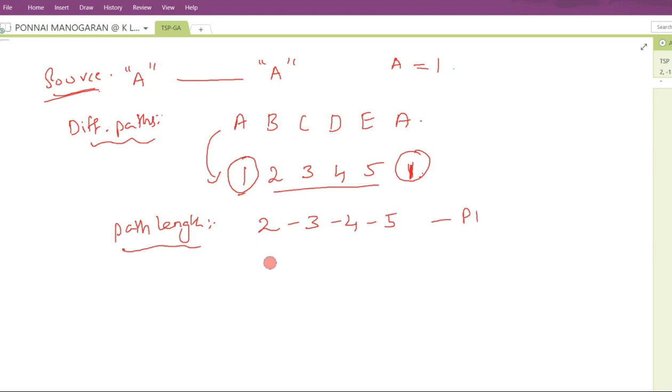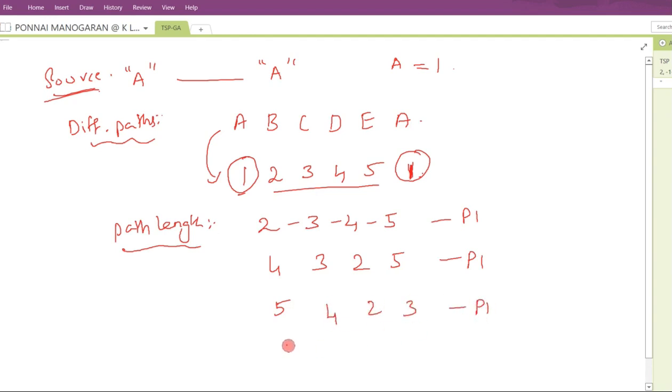This is one solution. Similarly, you can randomly generate different solutions like 4, 3, 2, 5. That is another solution, and you can generate something like 5, 4, 2, 3. This is also one solution, and you can generate n number of solutions, like 3, 2, 4, 5.